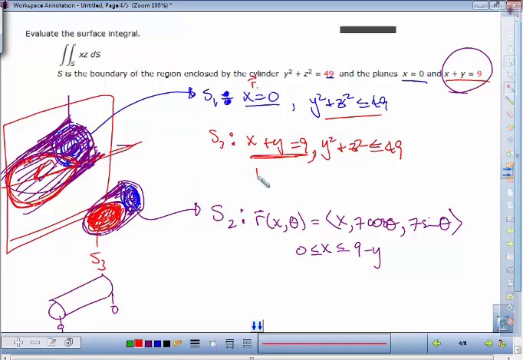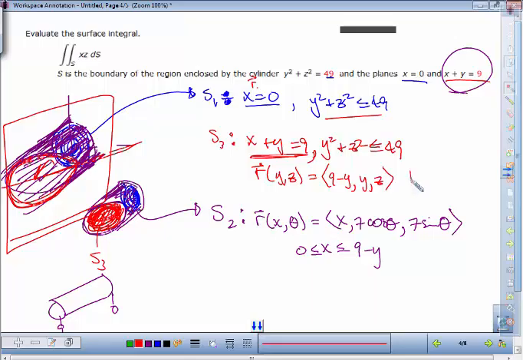So I probably want my parameterization to be a YZ function. So your x is going to be, again, 9 minus y. It's the plane. The y is going to be the y, and the z is going to be the z.